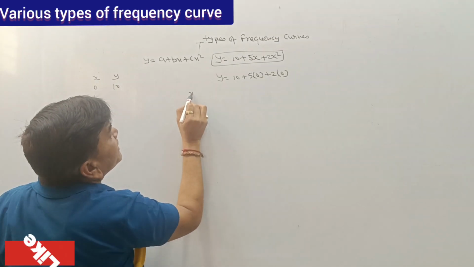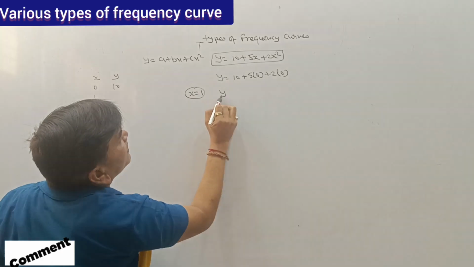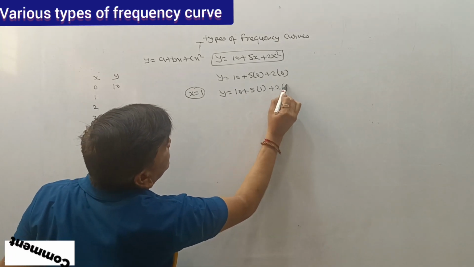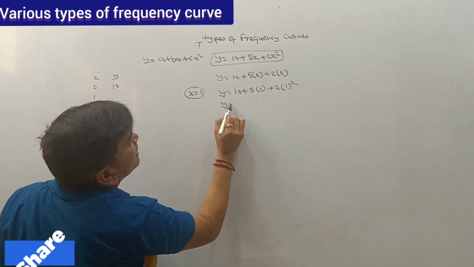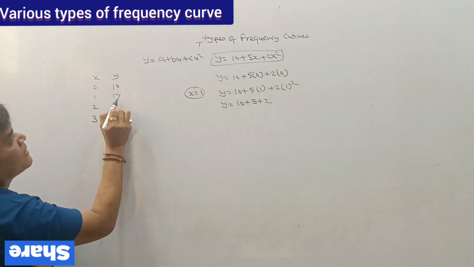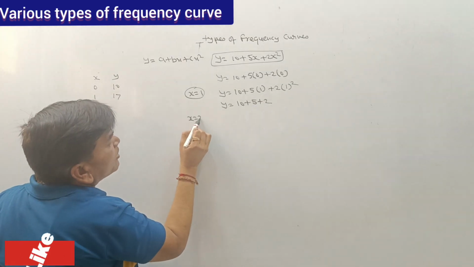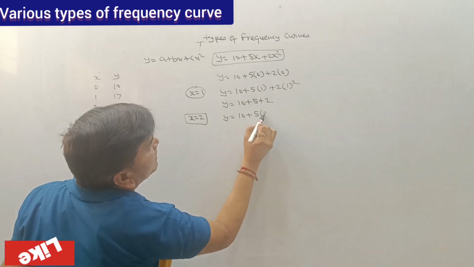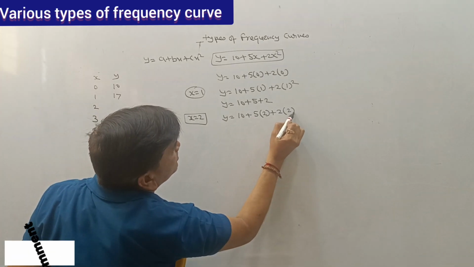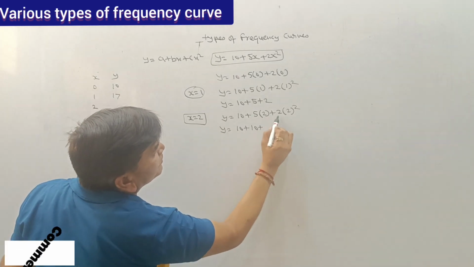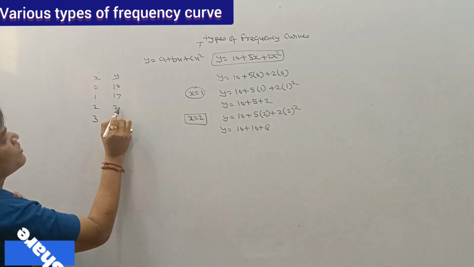If x is 1, then y = 10 + 5 × 1 + 2 × 1², so y = 10 + 5 + 2, that is 17. If x is 2, then y = 10 + 5 × 2 + 2 × 2², so y = 10 + 10 + 8, that is 28.